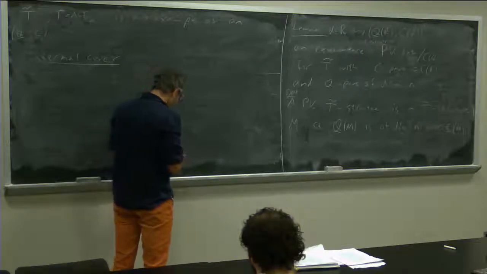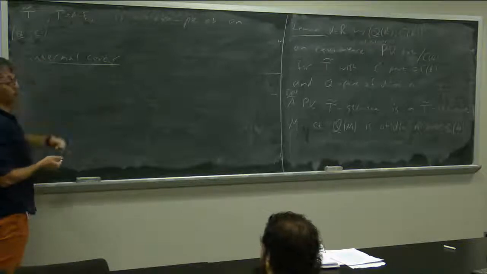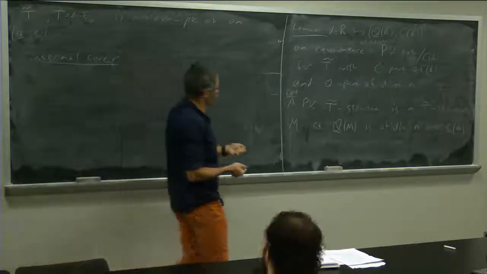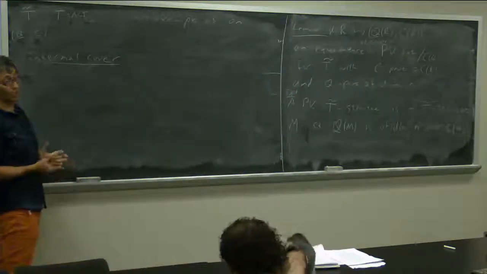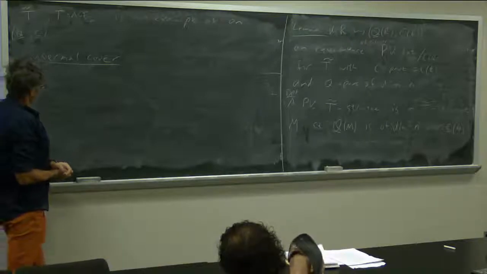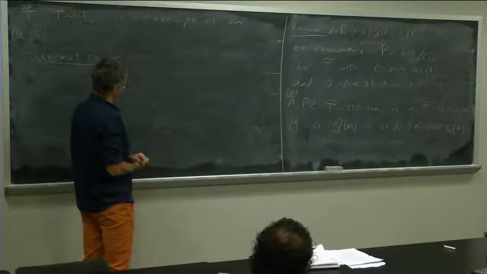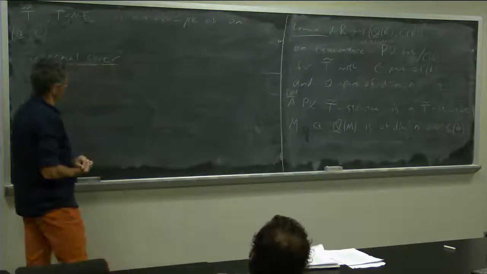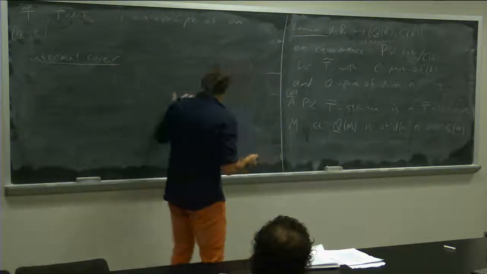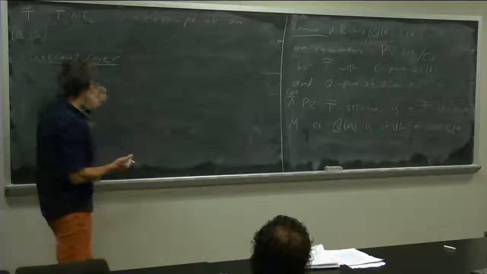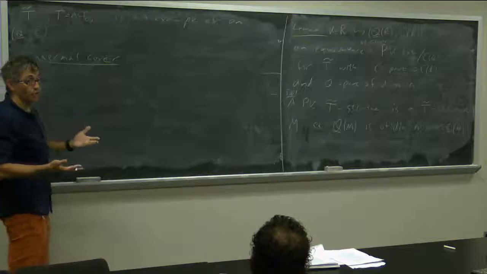And the definition of an internal cover is such that you can define the analog of a Picard-Vessiot structure, like I did here, but in general for an internal cover. So this is what I call Picard-Vessiot structures. In general, a Picard-Vessiot structure is something that is defined for an internal cover.